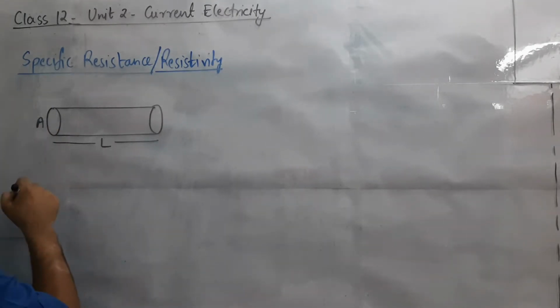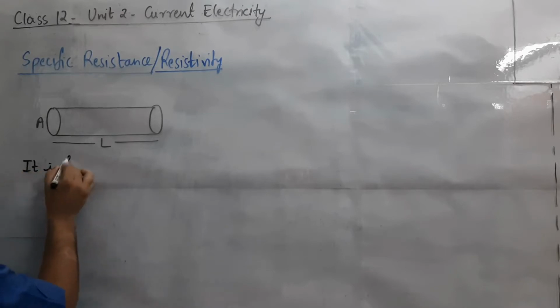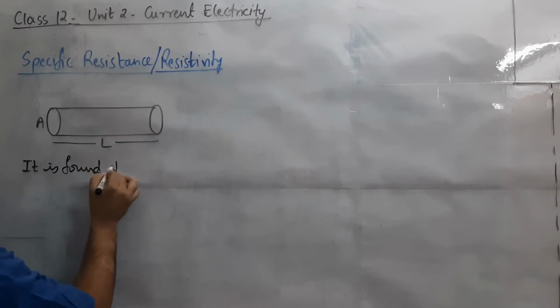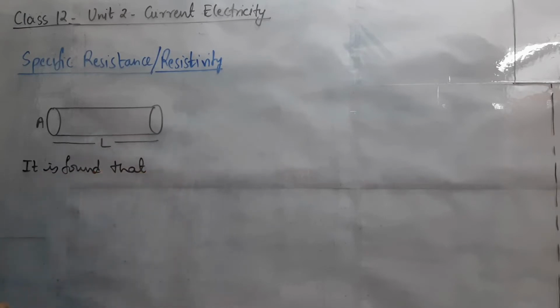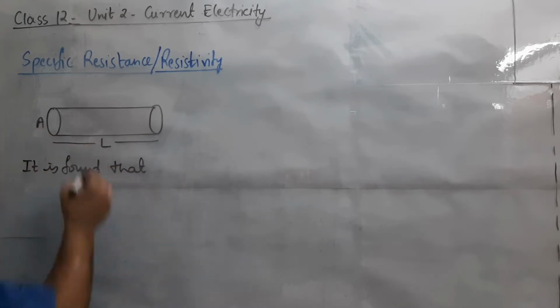After performing a suitable experiment, it is found experimentally how these factors, cross section area and length, impact resistance.